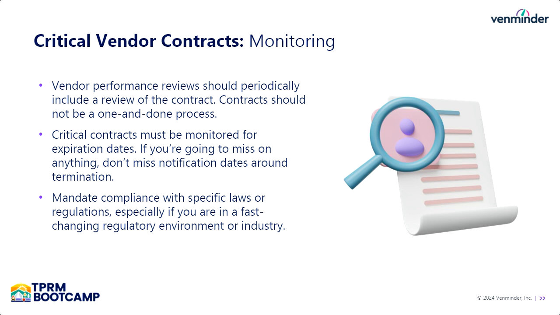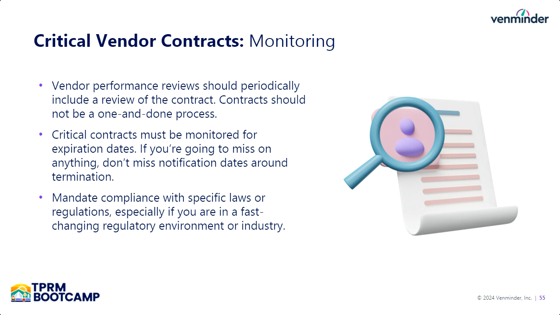Let's talk for a moment about monitoring. Your critical vendors and the contracts, as part of the monitoring process, should also be reviewed during that annual review or whatever periodic review you conduct on that vendor. Once you sign that contract, as I mentioned previously, it should not be a one and done process. Critical vendor contracts must be monitored for expiration dates, so you make sure that nothing important to you is missed, such as a notification date for termination, or a price increase, for example.